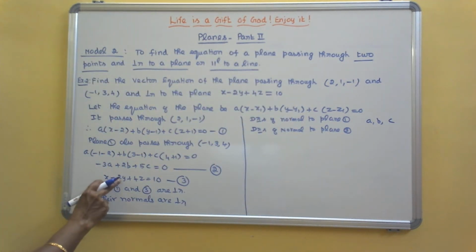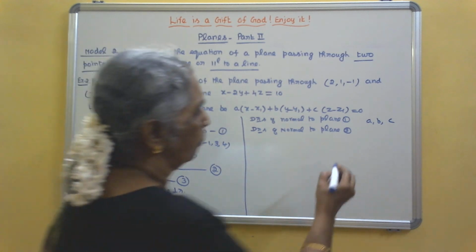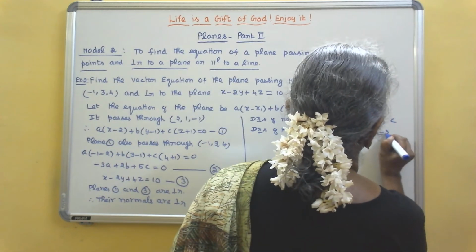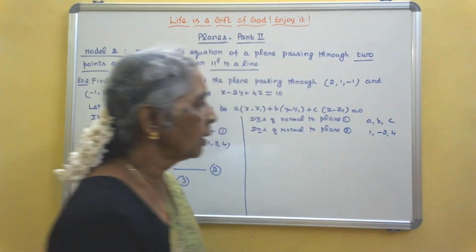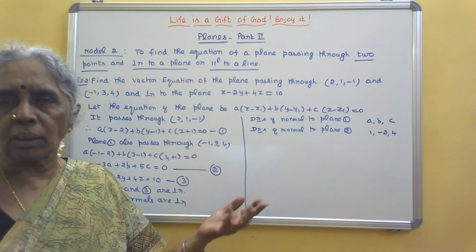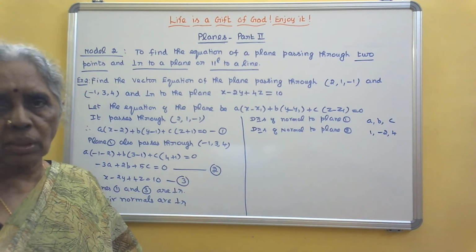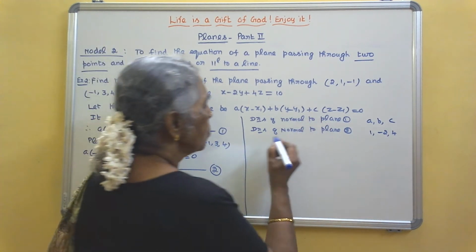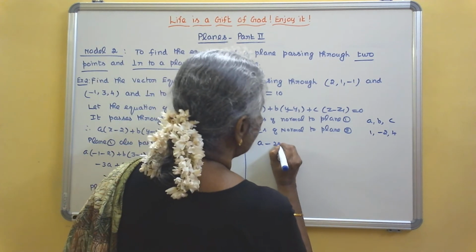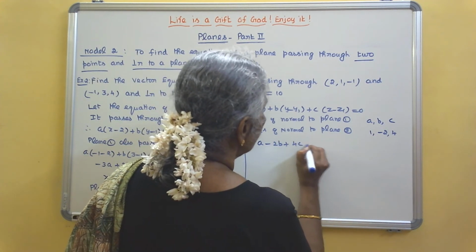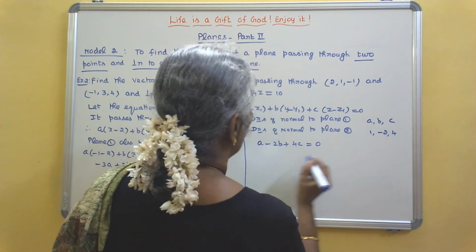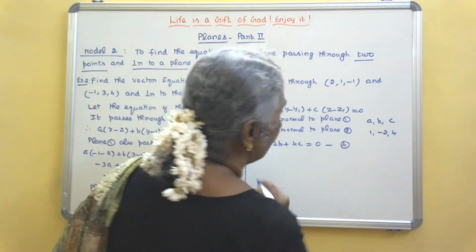That will be 1 comma minus 2 comma 4. Now, they are perpendicular. So you know the same concept. We have already written that. So it is a minus 2b plus 4c is equal to 0. We have to mark this as equation 4.